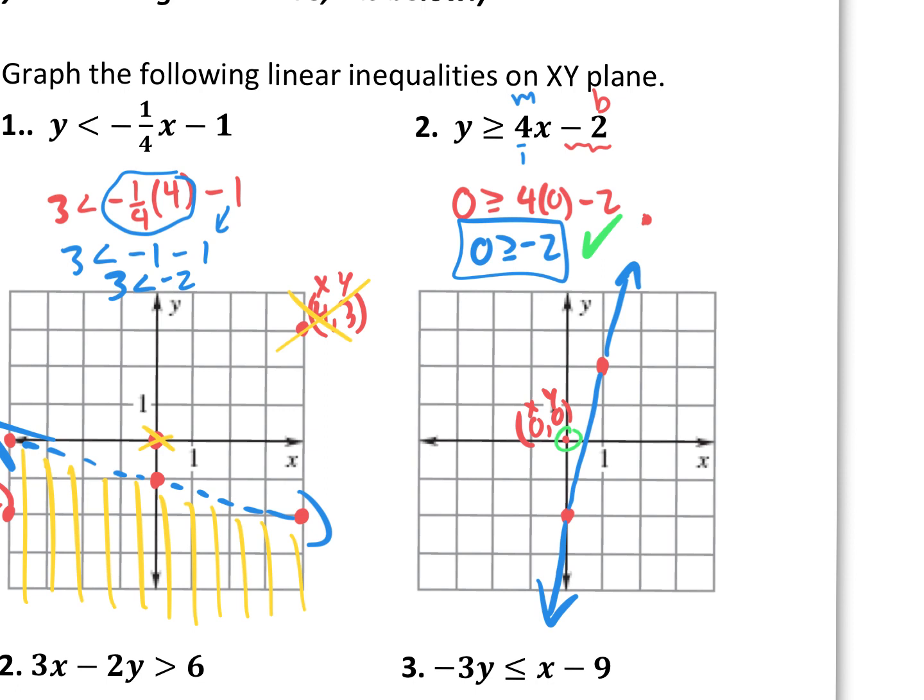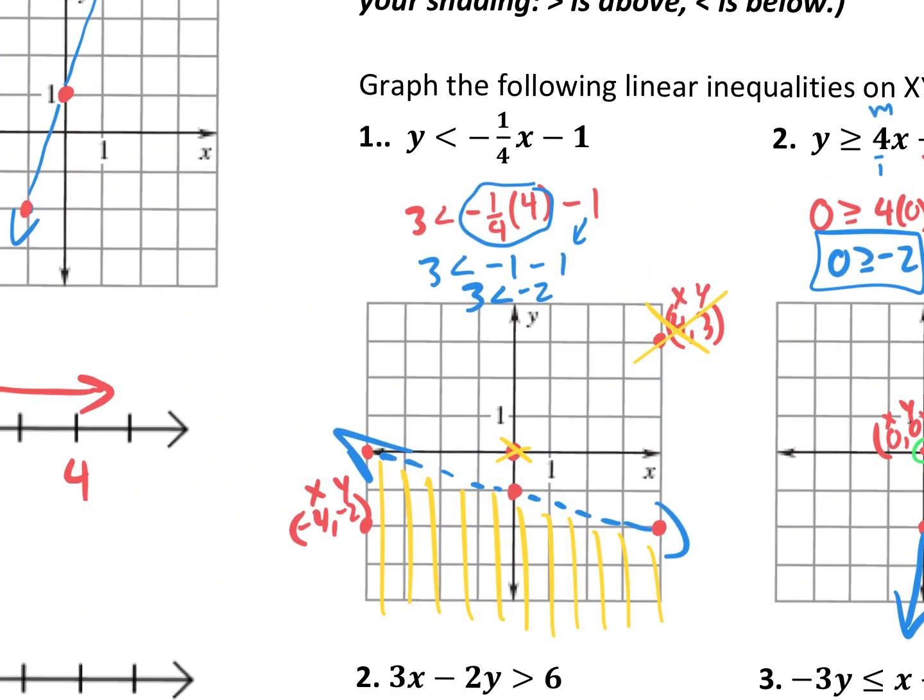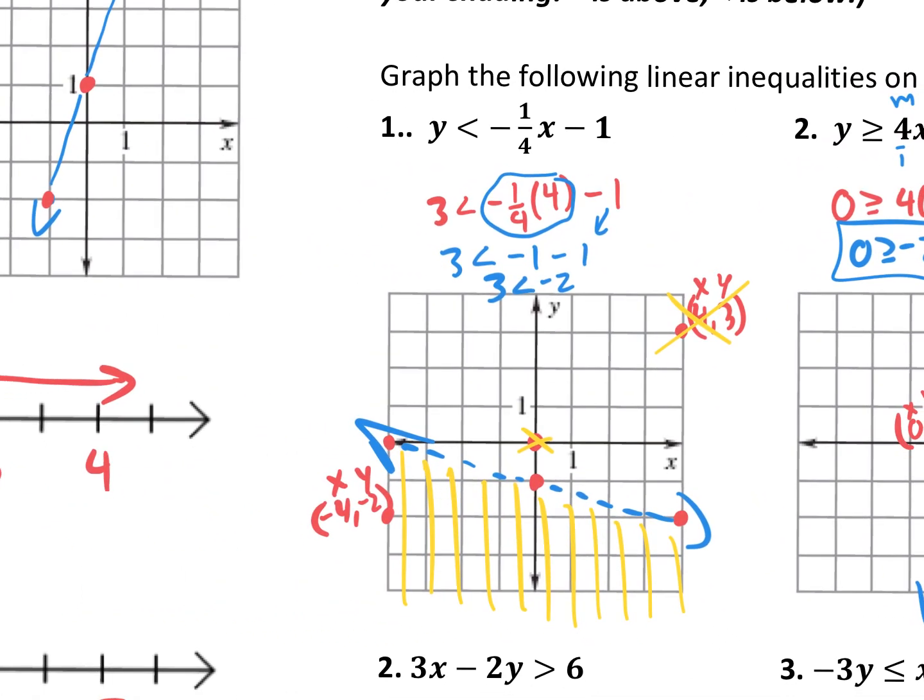Now, if you're confused with that, let me show you a shortcut. And you're going to love this shortcut, okay? Let's go back to number 1. I know we haven't finished number 2, but let's go back to number 1. You see, when y is by itself, and we're going to make sure that y is by itself, you could think of the graph in terms of the y-axis, up and down, right?